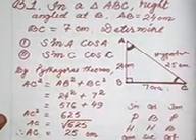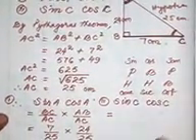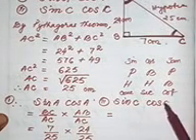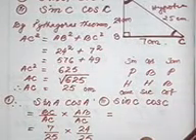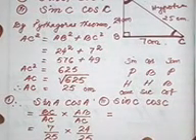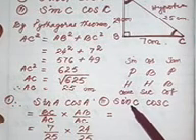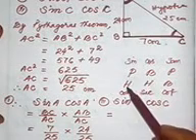So now we are going to take angle C in both the cases here. So base will be BC and perpendicular will be AB. Here the rule says, what is sine? Sine is perpendicular by hypotenuse.